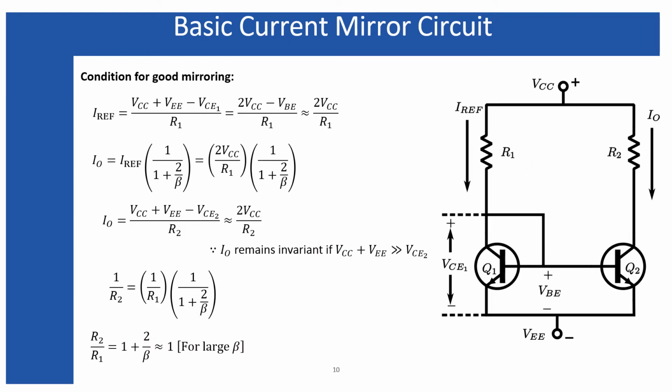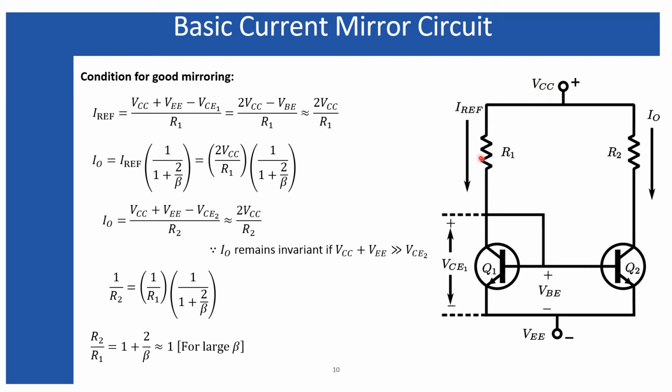Next is the condition for good mirroring. It means we need to find the condition for the relation of R1 and R2 that should be maintained in order to have I naught equal to Iref. Now, as I told in my earlier slide, a diode connected BJT can draw a large amount of current from the supply.